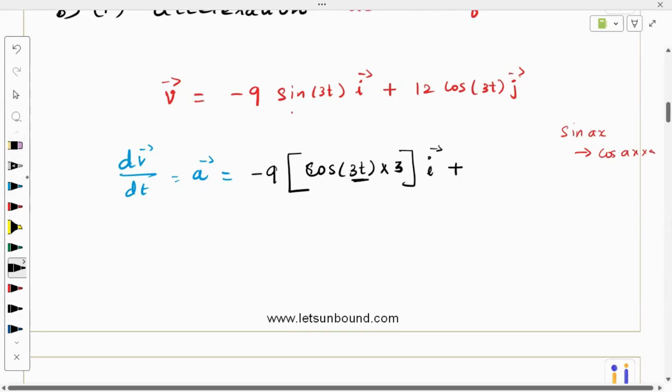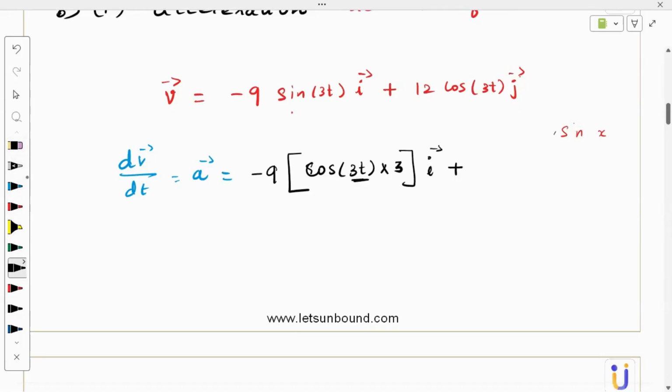Plus 12, similarly keep the 12 as it is, cos 3t differentiates to minus sine 3t times 3. We have the j vector here.